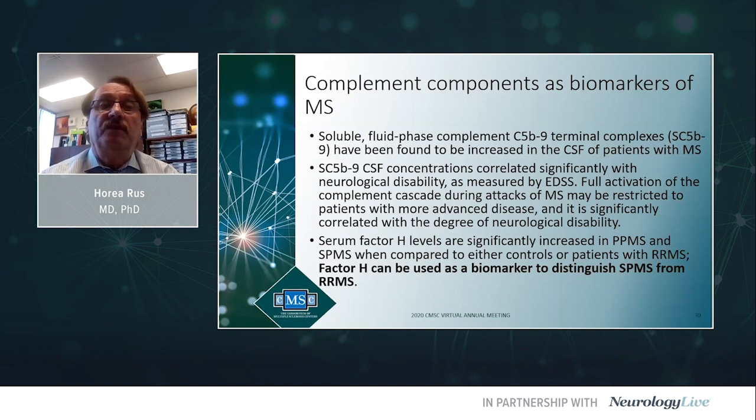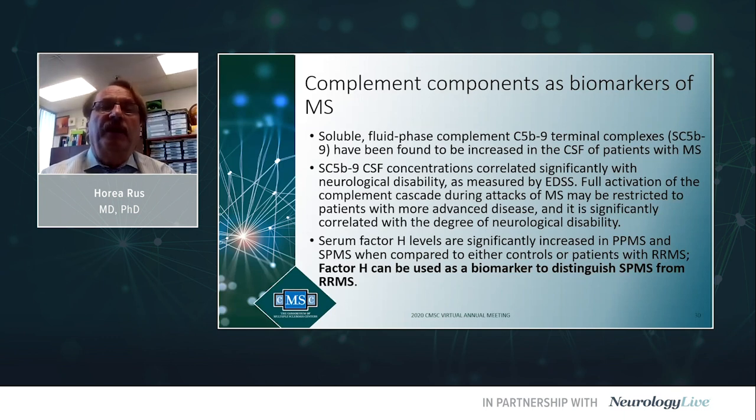This increased CSF concentration correlated with the neurological disability as measured by EDSS. This full activation of the complement cascade during the attack is more characteristic of the more advanced form of the disease, as it's significantly correlated to the neurological disability.